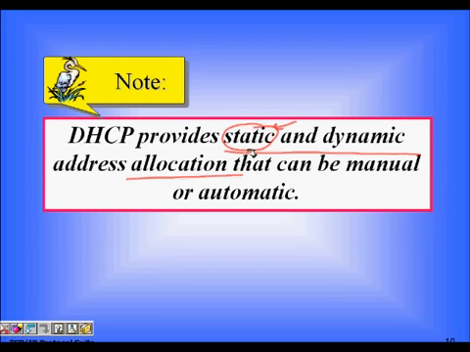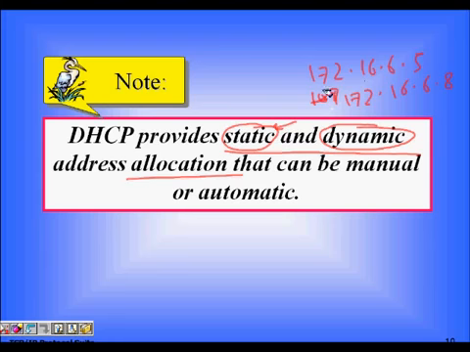Dynamic: the same computer when it came up might be assigned something like 172.16.6.5. Next time, when it was shut down and comes up, it might be assigned 172.16.6.8. So it's not necessary that one particular machine will always be assigned the same IP address.